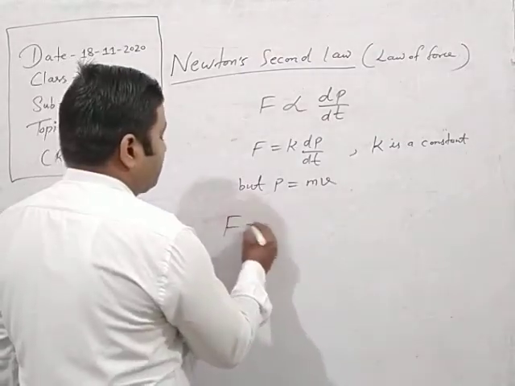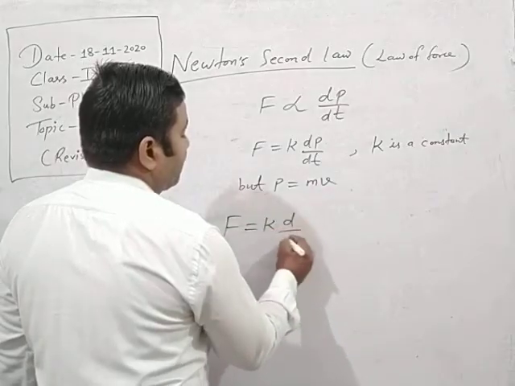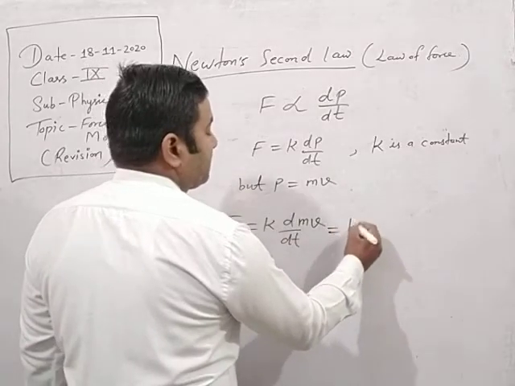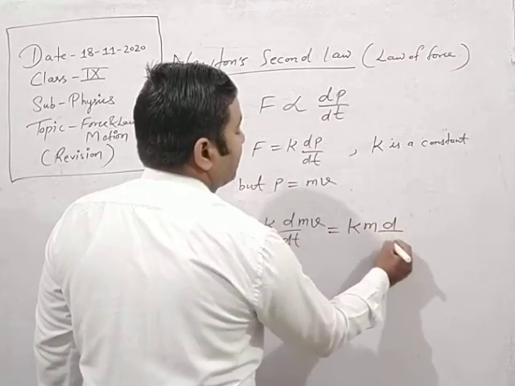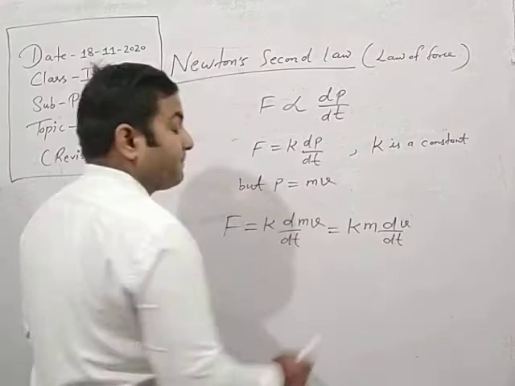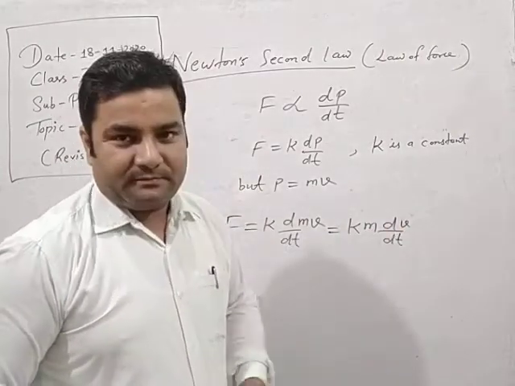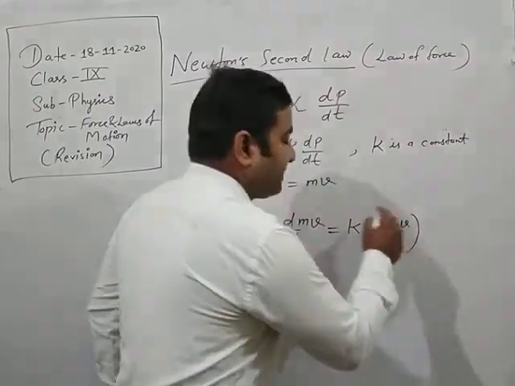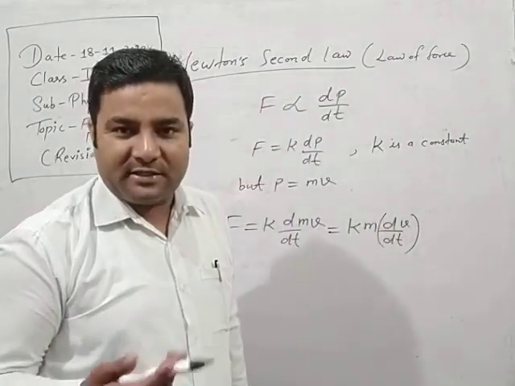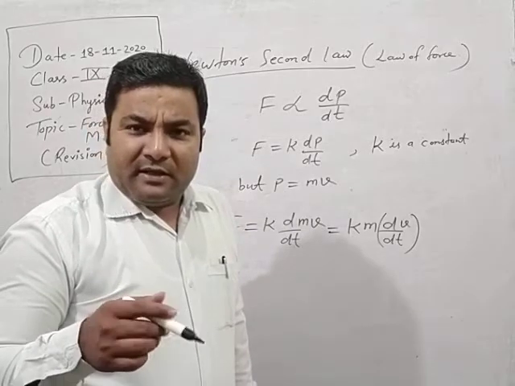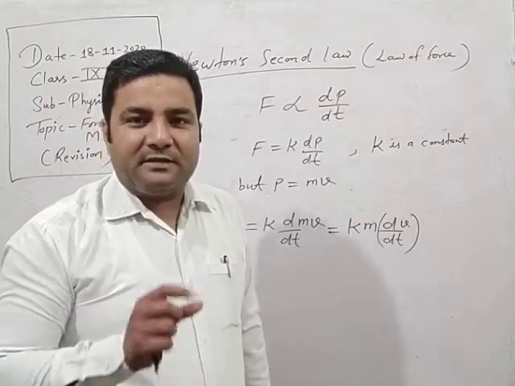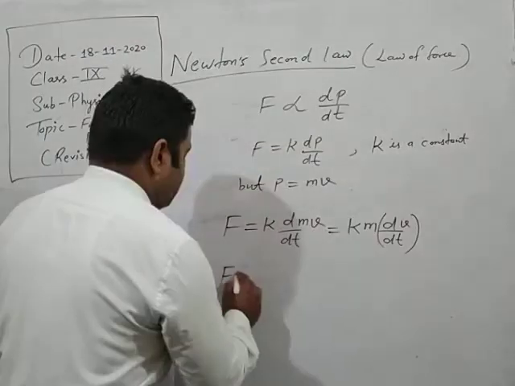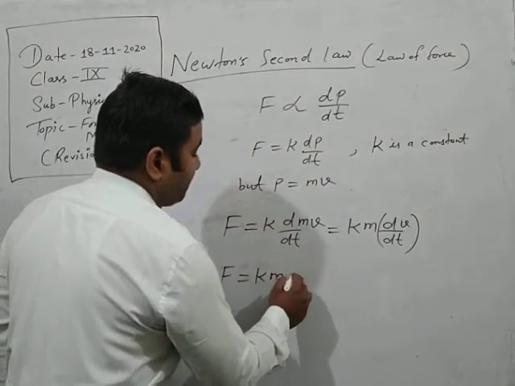Then F is equal to K d/dt (mv), m is a constant term, so taking it out, F is equal to km dv/dt. This is the time rate of change of velocity, which in simple words is defined as acceleration. So F is equal to kma.